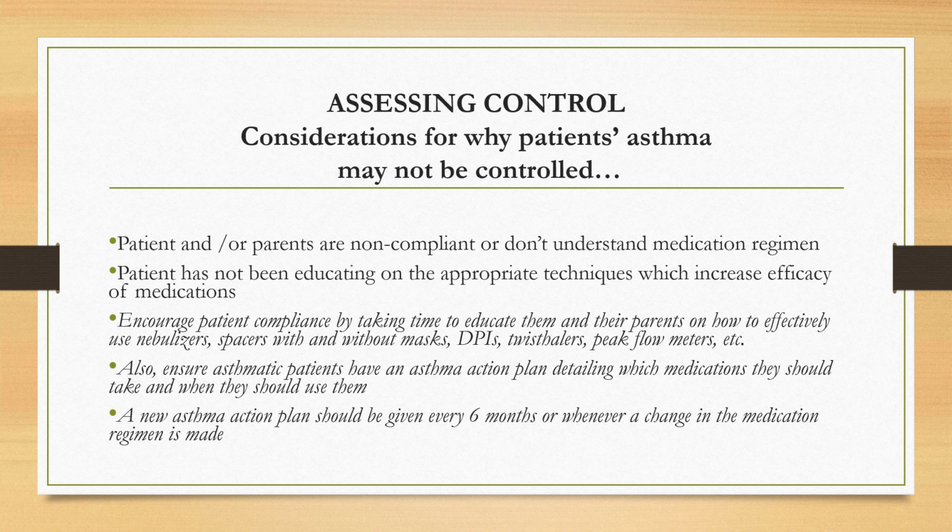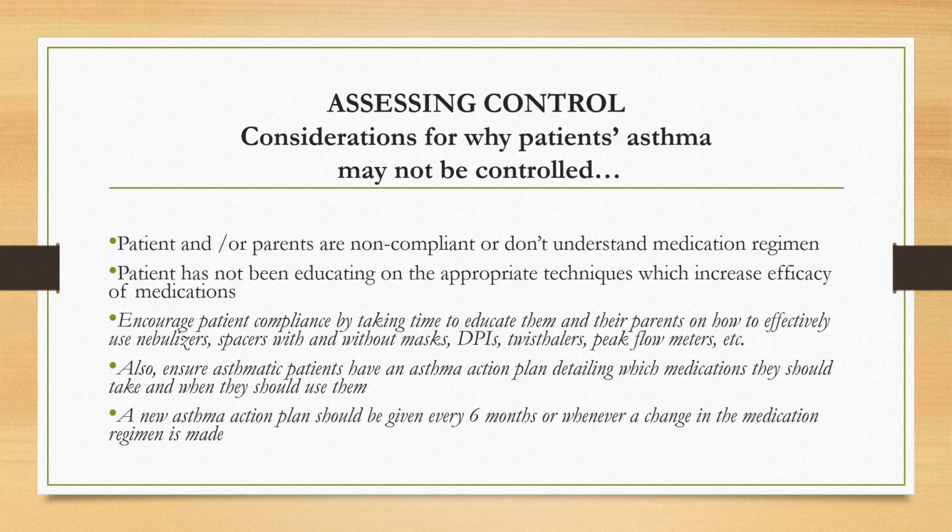Also, you've got to make sure that the patients have an asthma action plan detailing all the types of medications they have and when they need to take them. And also, if they have any kind of flare-ups, to escalate their treatment plan, and as they start getting better, de-escalate it. Also, the asthma action plan is reassessed every 6 months or anytime there's a change in medication.